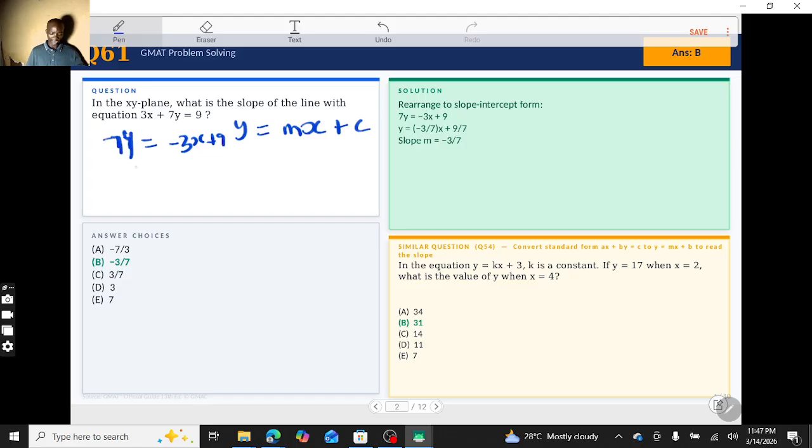Then we finally have y equals minus 3 over 7 x plus 9 over 7. What is m? See where is m. See where is minus 3 over 7. So that's why we have minus 3 over 7.